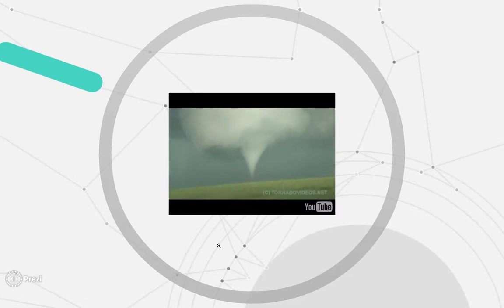This is now a tornado since the tip of the mesocyclone is touching the ground.